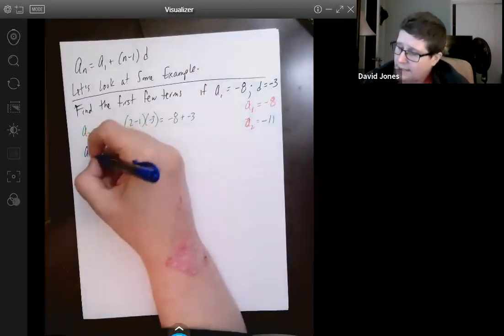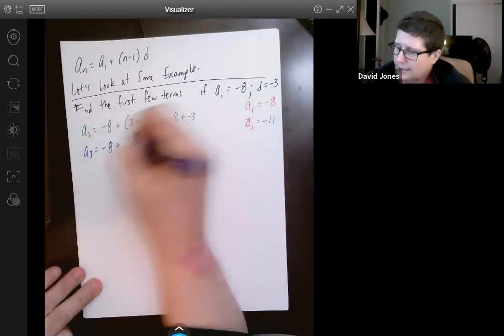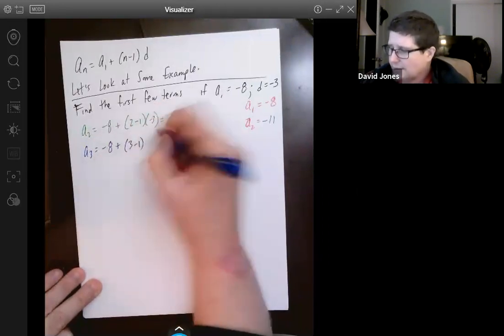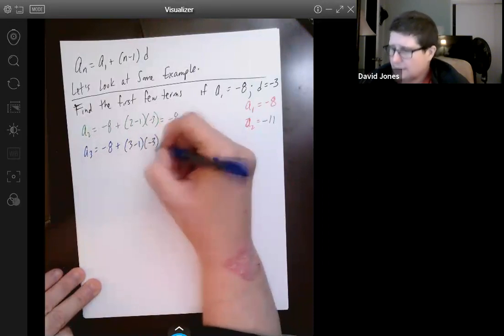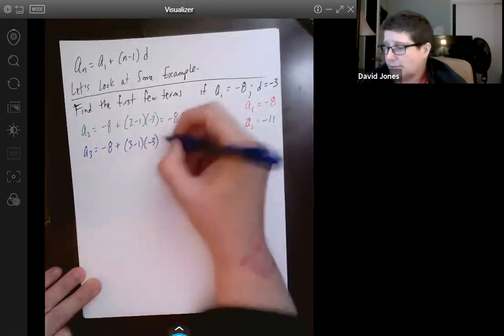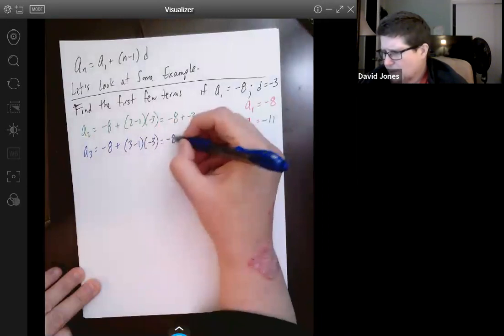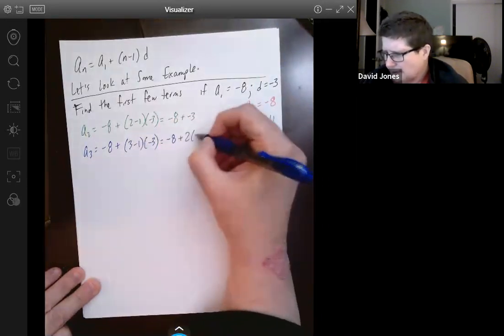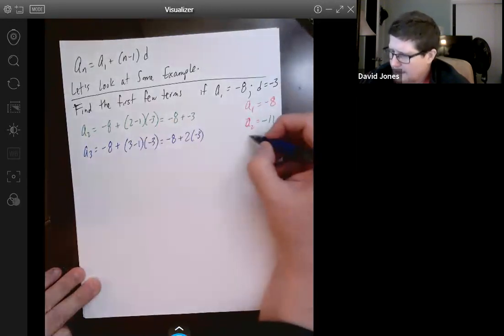A sub 3 is -8 plus n minus 1, n here is 3, times our difference d. 3 minus 1 is 2, so 2 times -3. This is -14.